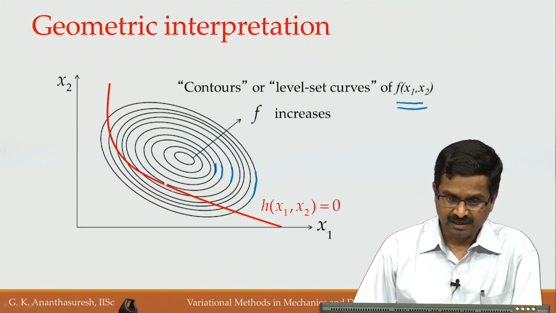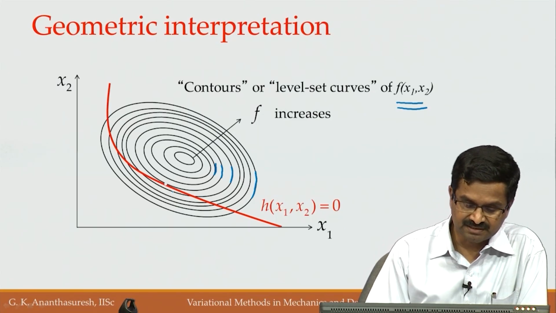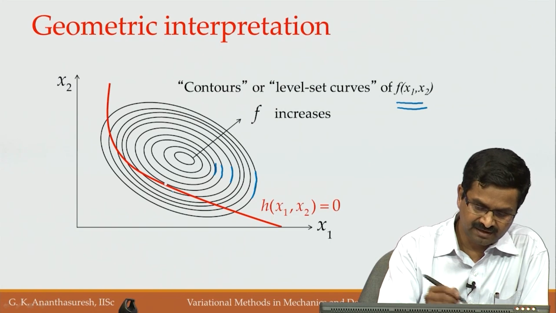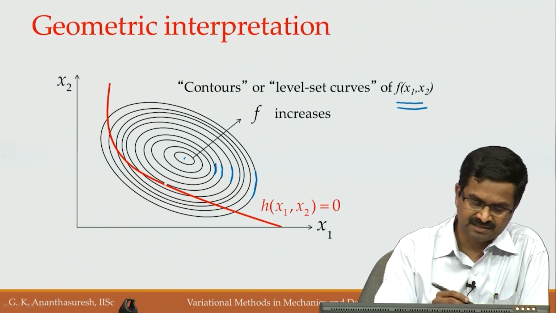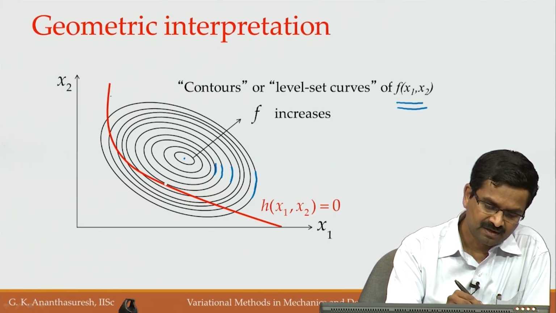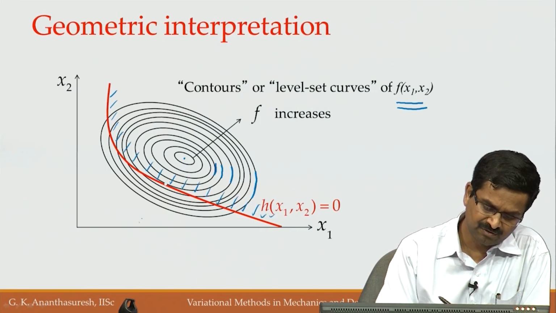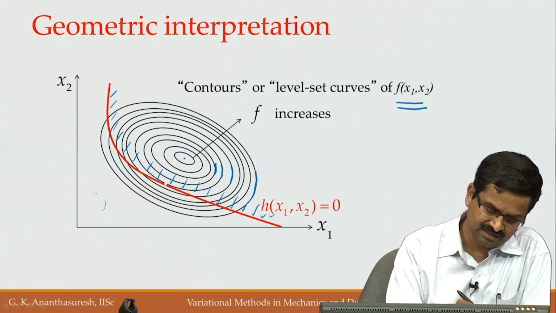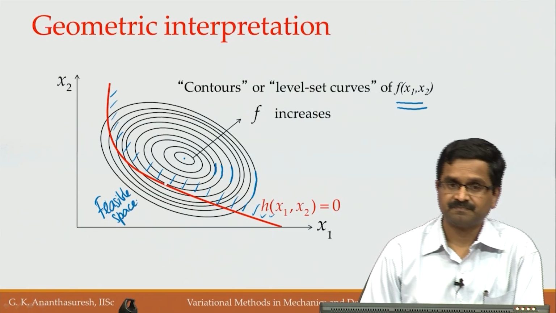Okay. So, in this case where is the optimum? Because f increases from here, it increases this way, this is the minimum, but let us say the constraint is such that we cannot go on this side of the surface h, we have to be only on this side, this is our feasible space, okay.